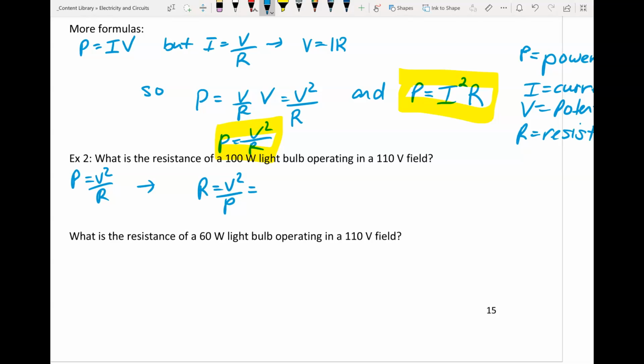So our potential difference is 110 volts, and our power is 100 watts. So 110 squared divided by 100 is 121. Remember, our resistance unit is ohms.